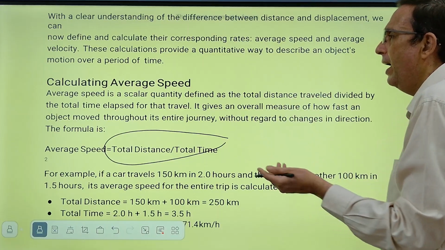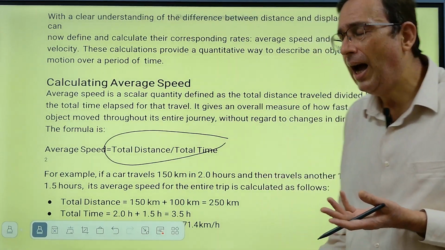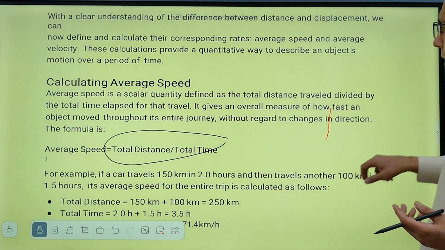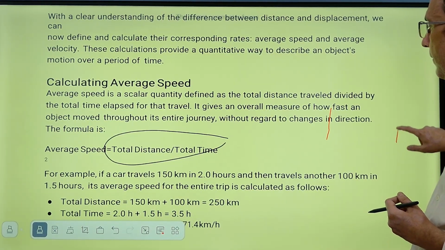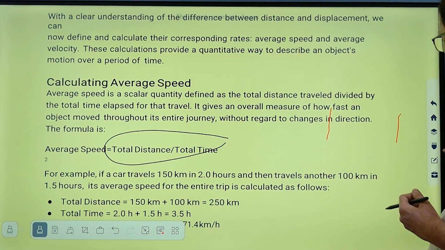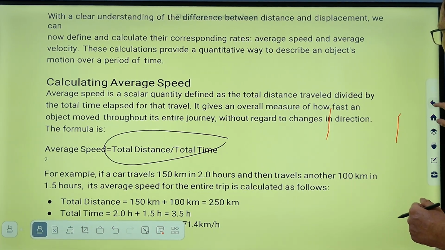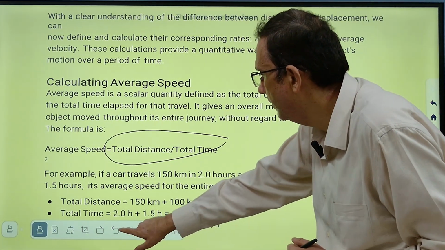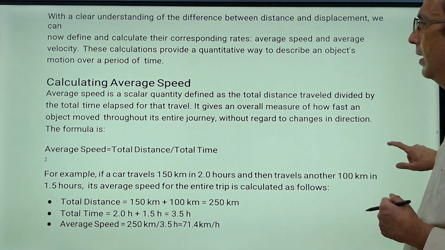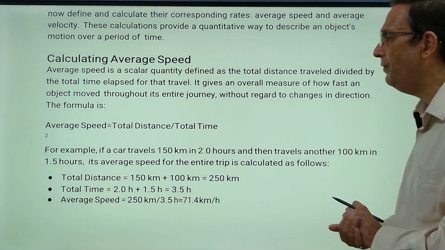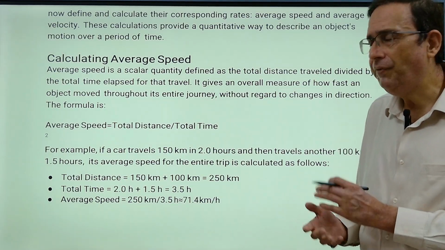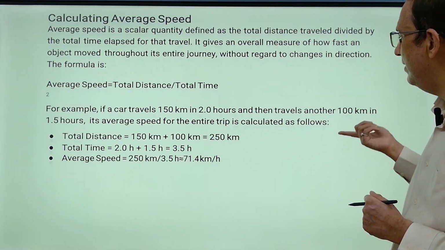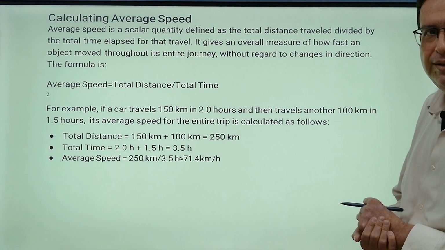So let us say, for example, a car is traveling 150 kilometers in 2 hours, and then travels 100 kilometers in 1.5 hours.